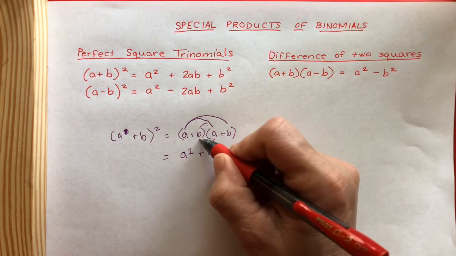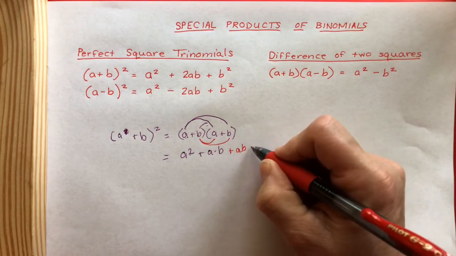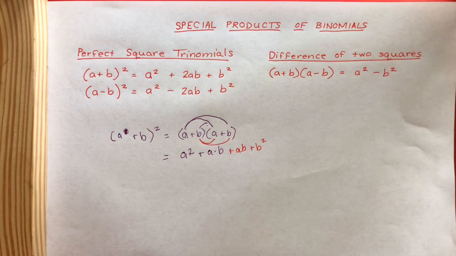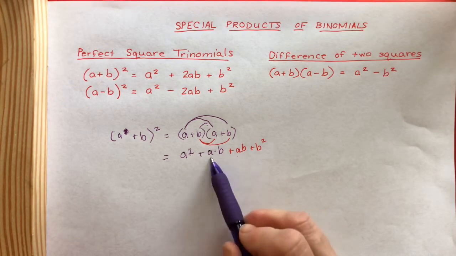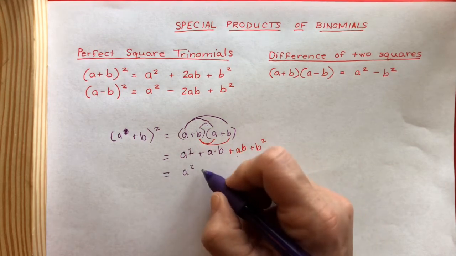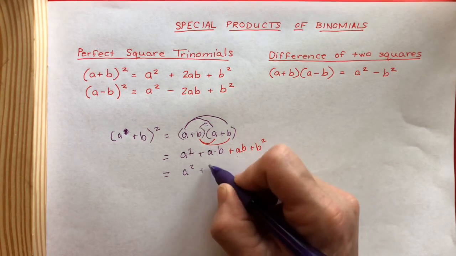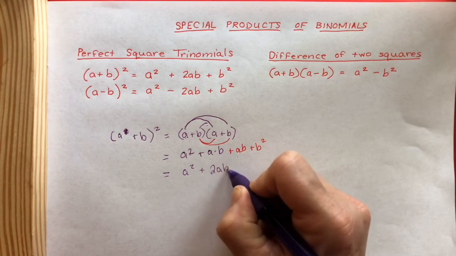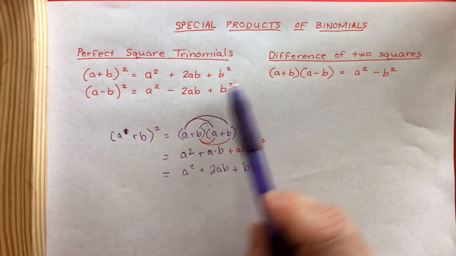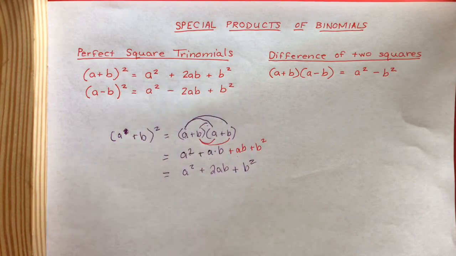And then the b times the last term, b squared. So if we combine these like terms, we get a squared plus, there are 2 of these, 2ab plus b squared. So see, this is just like what we had right here.